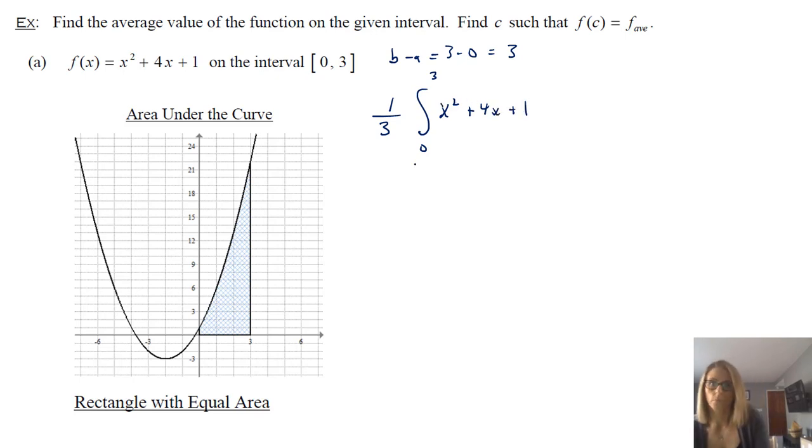Then you just integrate and multiply by 1/3. That's the whole thing. So that is the average value of f. If you want, you can pause and find an answer, and then we'll go from there.